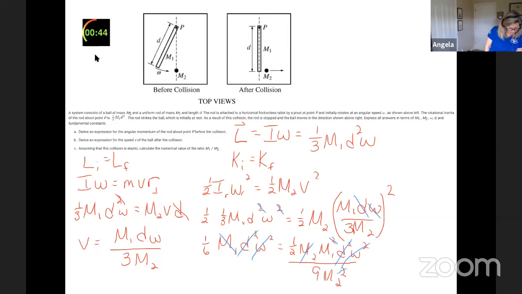So m1 over m2 would equal 1/6 times 9 times 2, right? 18, that's 3. Oh, that's a lot of work just to get 3, but I kind of like a clean answer.